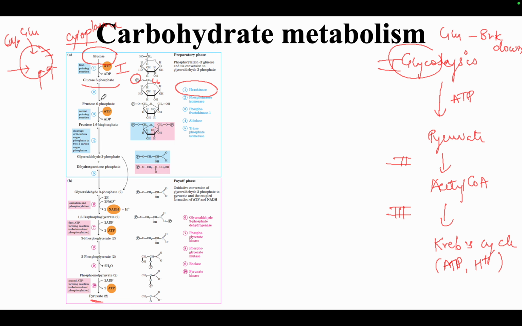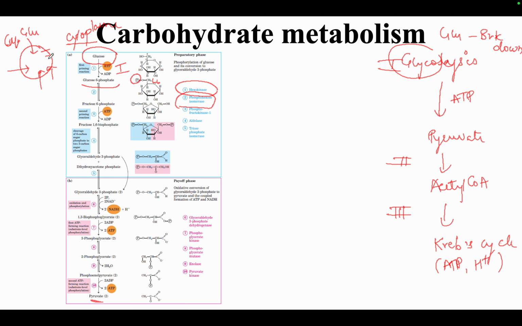Then glucose 6-phosphate is converted into fructose 6-phosphate. This enzyme is an isomerase, that is, glucose is converted into fructose. The enzyme is phosphohexose isomerase, or phosphoglucose isomerase. This is the second important enzyme, where glucose 6-phosphate is converted to fructose 6-phosphate.